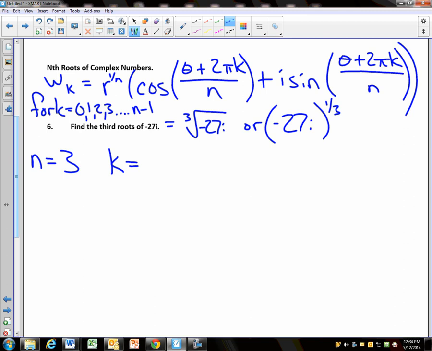Super important. k equals 0, 1, 2, 3, all the way up until n minus 1. What is n minus 1? 2. So k is going to be all those numbers up until n minus 1, or 2. That's what n is. k will be the numbers 0, 1, and 2.